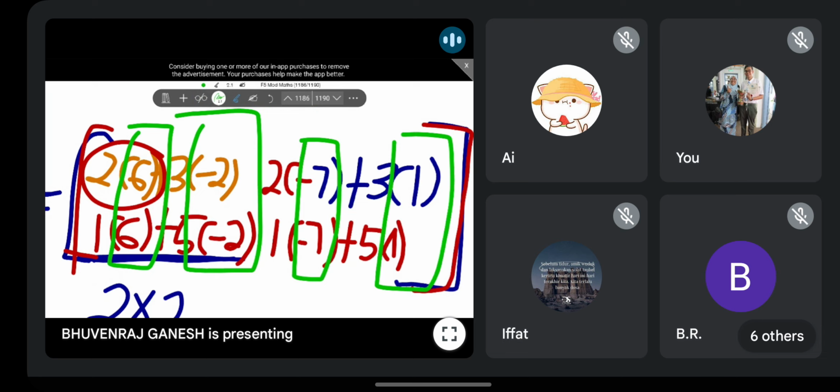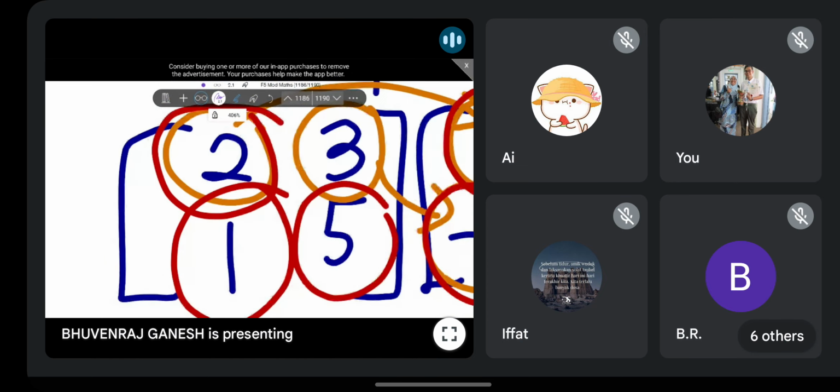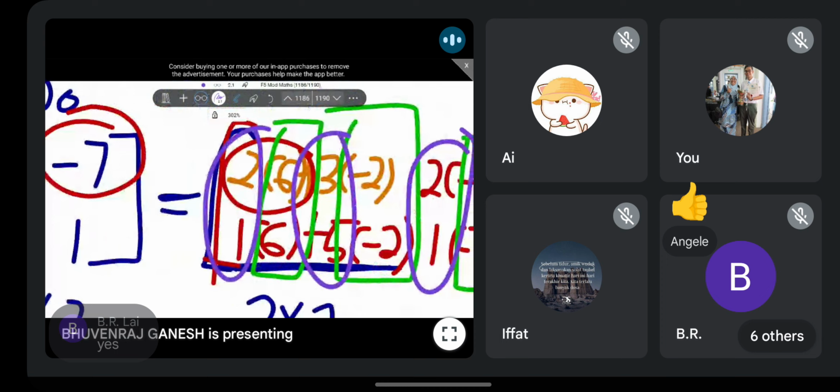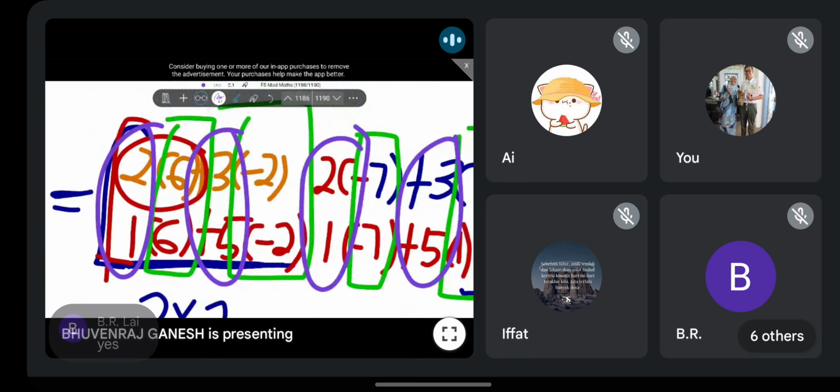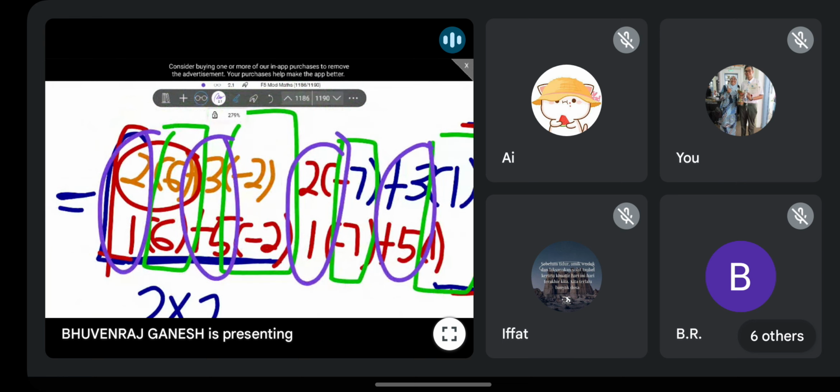Then only you know whether your answer is correct or not. And also one more thing, if you focus on this part, 2, 1, 3, 5. Can you see the pattern? Where do the 2, 1, 3, 5 come from? It comes from your question here. 2, 1, 3, 5 repeats twice. So this is how you can check whether your matrix multiplication is correct or not.